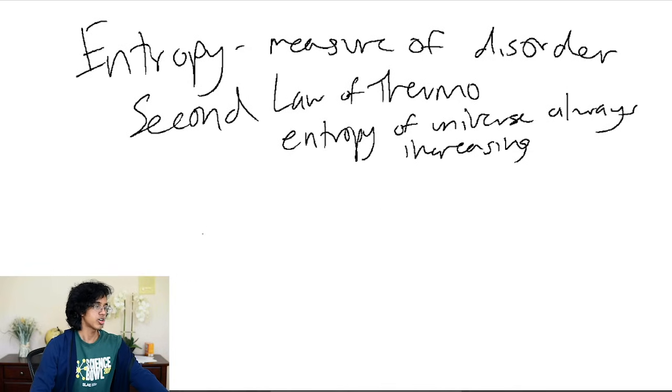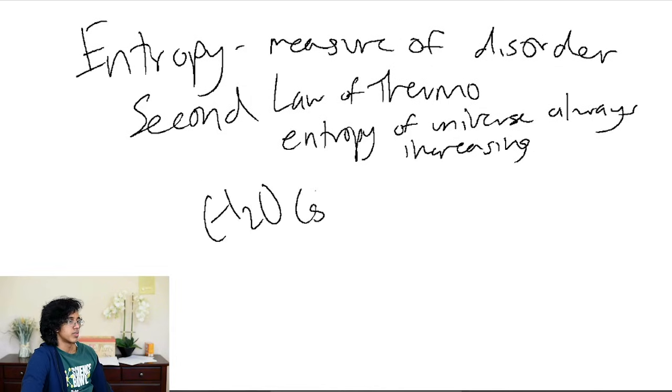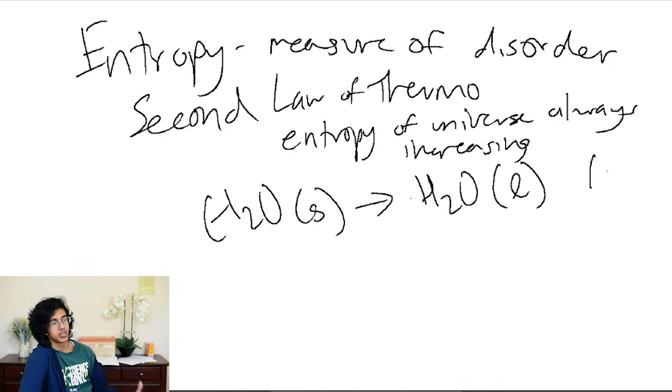So let us talk about how entropy applies to reactions. Let's say that we have H2O solid melting into H2O liquid, and it asks you, what is the delta S of this reaction? How is the entropy changing? Well, as I explained before, liquids are way less orderly than solids, so they have a higher amount of disorder, so they have more entropy.